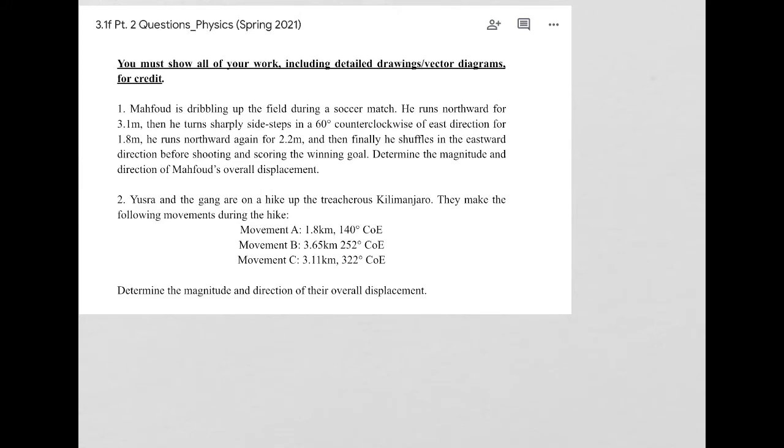So, to start, we have Mahfoud dribbling up the field during a soccer match. He runs northward for 3.1 meters. Then he turns sharply and sidesteps in a 60-degree counterclockwise of east direction for 1.8 meters.